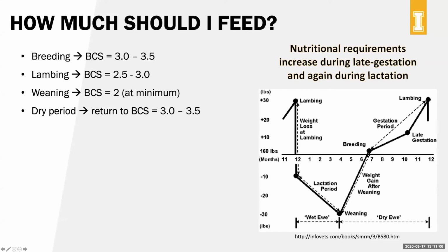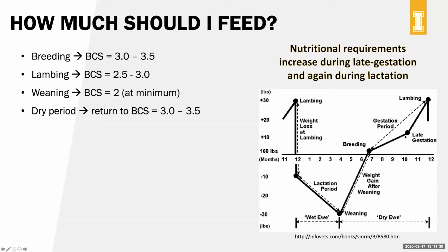And then as we move forward, the animals will be gaining weight because they are making lambs and kids, right? So the biggest thing to keep track of here is they need to be gaining weight, but not losing body condition, if that makes sense.